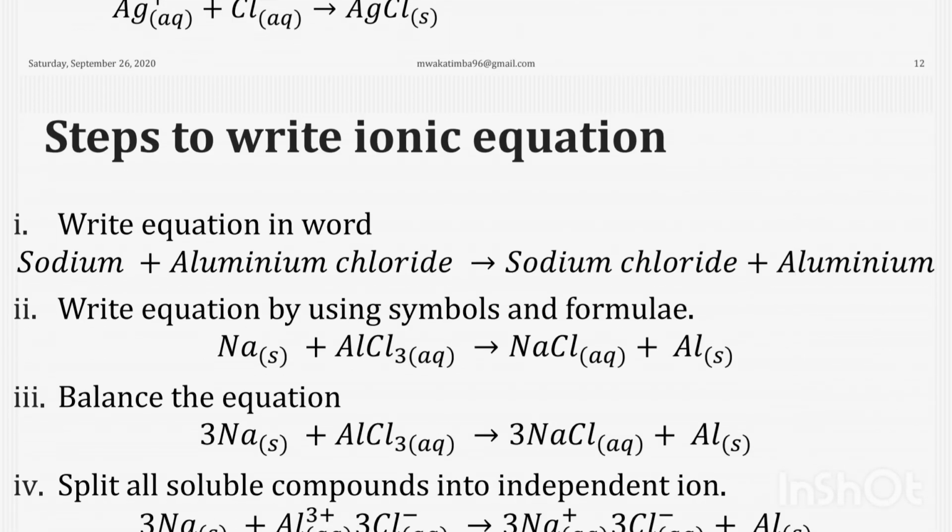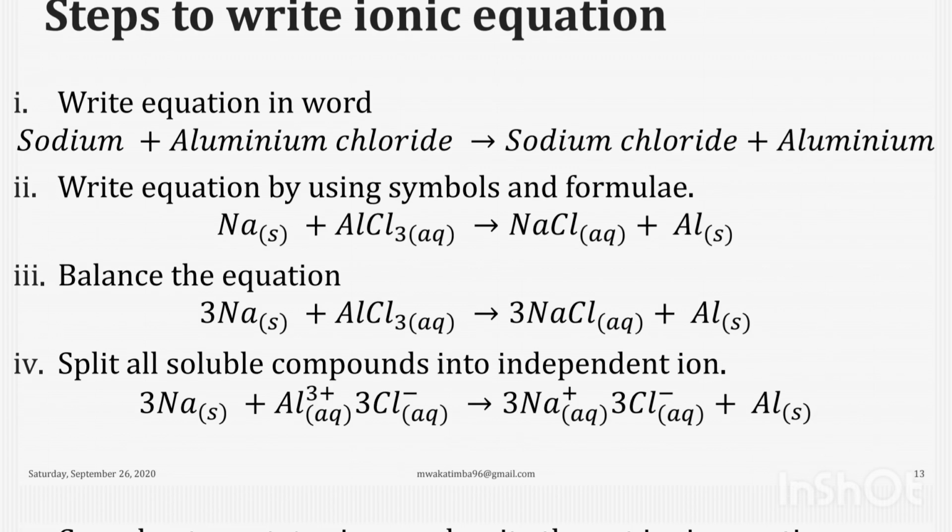So we follow different steps. For example, the steps for writing the ionic equation: the first one is to write the equation in word form. As I said previously, we have already discussed that, as seen in the first example. The second step is to write the equation using the symbols or formulae, as I said in the part on the formula equation.